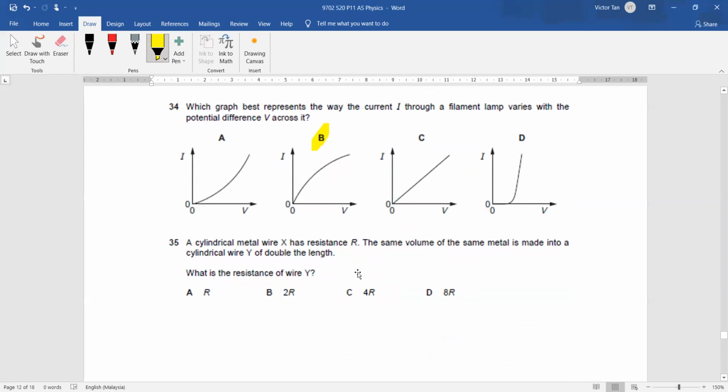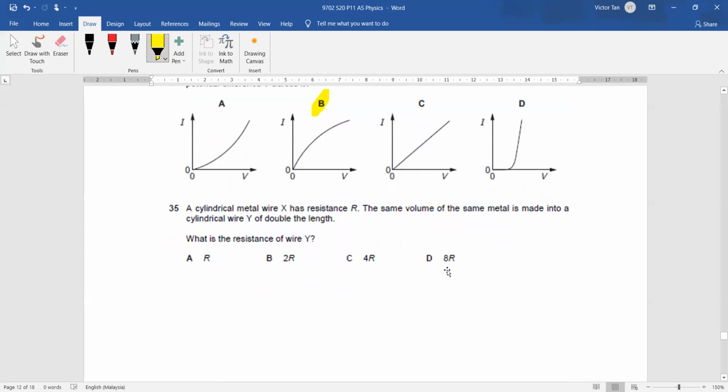A cylindrical metal wire X has resistance R. The same volume of the same metal is made into a cylindrical wire Y of double the length. What is the resistance of Y? So you have A times L is the volume.